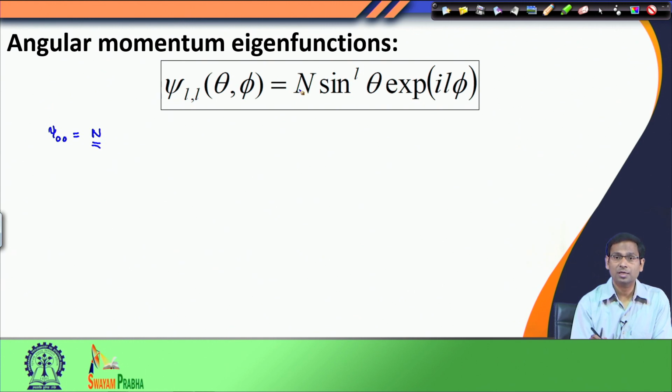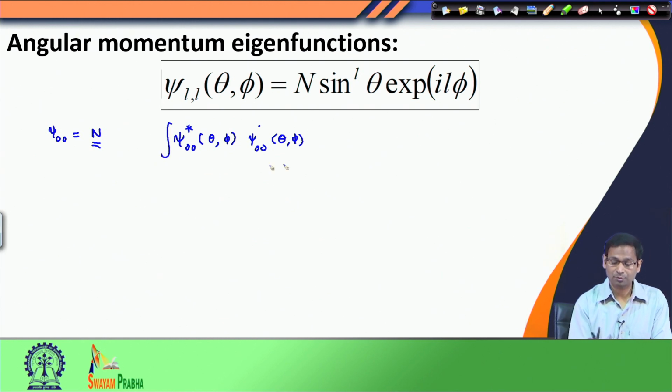To get this normalization constant, we must normalize this wave function psi 0 0. Remember, this function has theta and phi coordinates. So, we have to obtain psi star psi and integrate this over all space. What is the space available here?